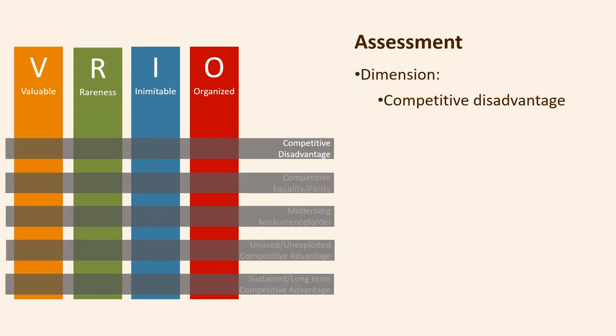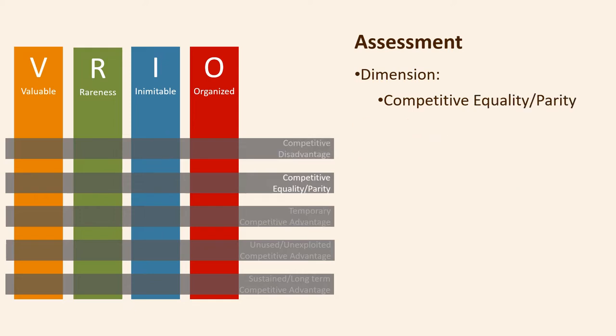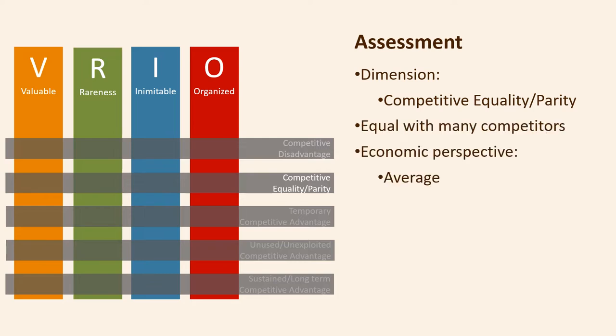The first dimension at the top is called competitive disadvantage. There is a problematic competitive situation where the economic prospective results are below average. The second is competitive equality/parity, where our company is equal to many competitors and the economic perspective is average.